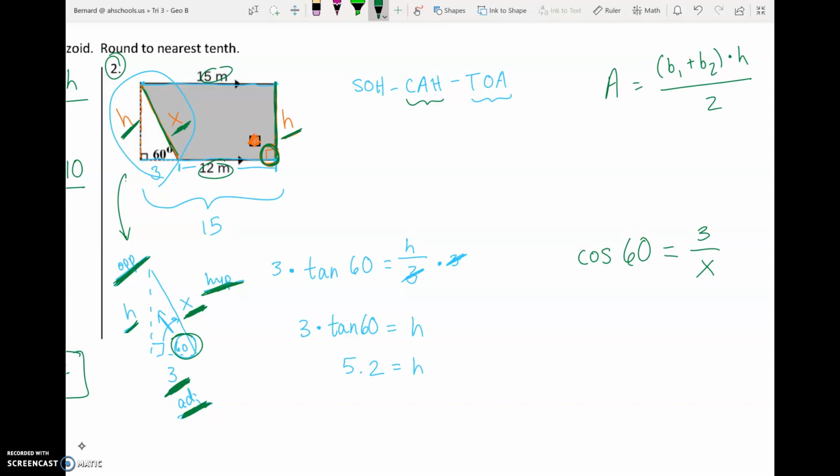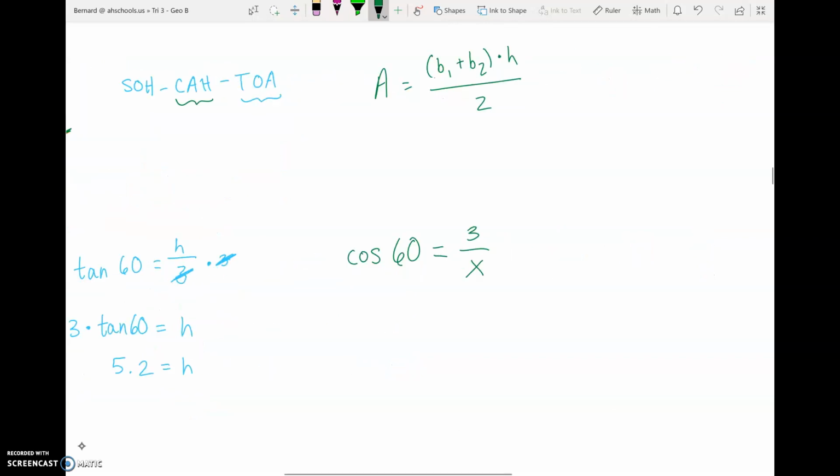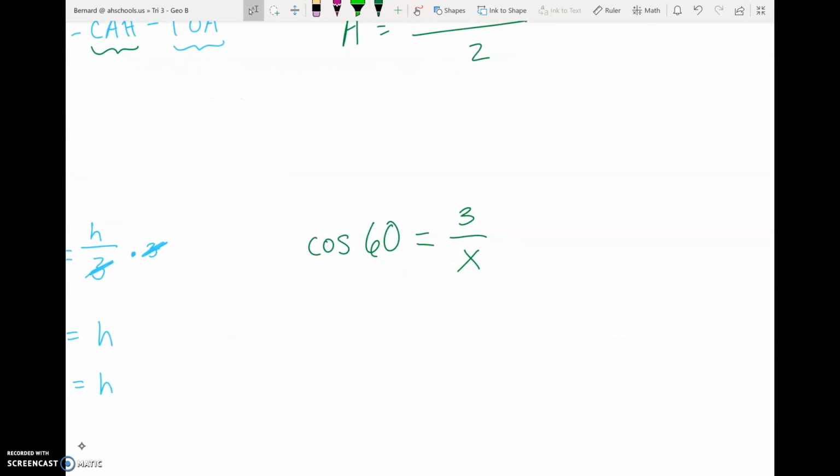Now we're working on finding x. We set that up because cosine of 60 is adjacent, which is our 3, divided by hypotenuse, which is our x. And so cosine of 60 will equal 3 over x. And so now we just need to solve this. Remember, we're going to times by the bottom of the fraction to both sides, so we'll times both sides by x, and those will cancel.